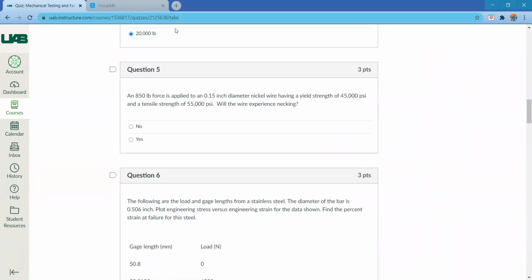All right. An 850-pound force is applied to a 0.15-inch diameter nickel wire having yield strength 4,500 psi and tensile strength 55,000 psi. So one thing to keep in mind, if the stress is greater than yield strength, it will plastically deform.